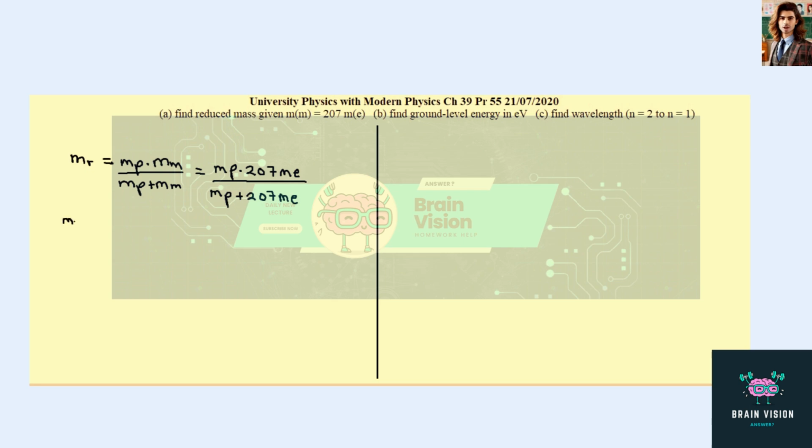We then plug in the values of the mass of a proton and that of an electron.